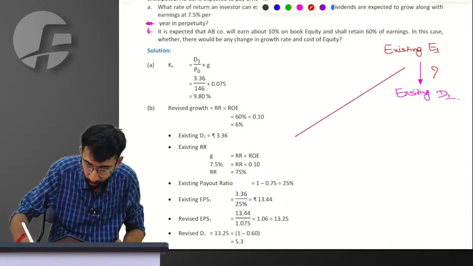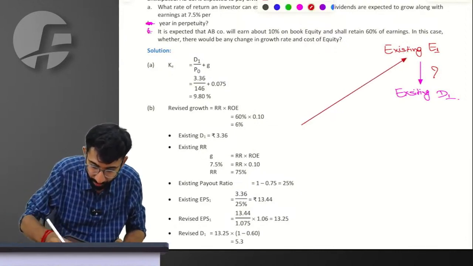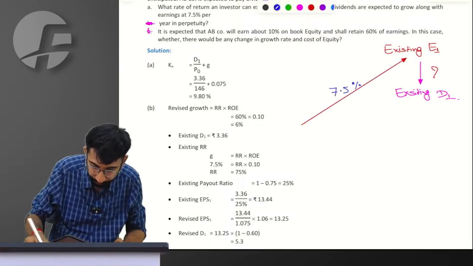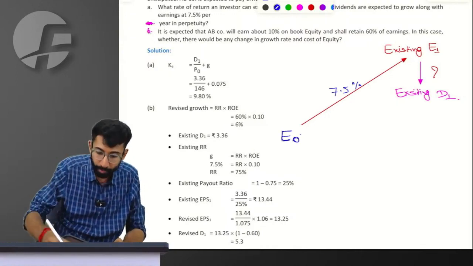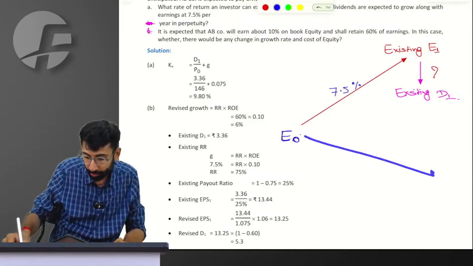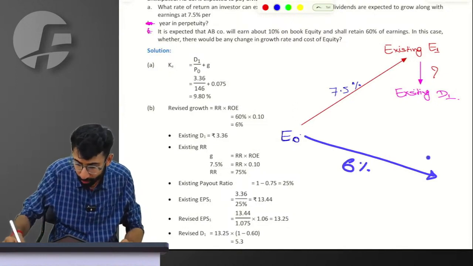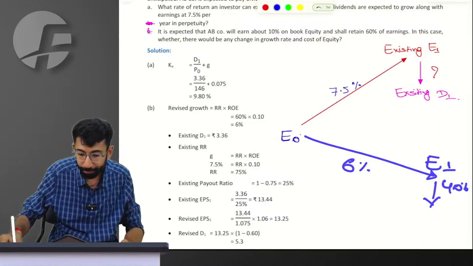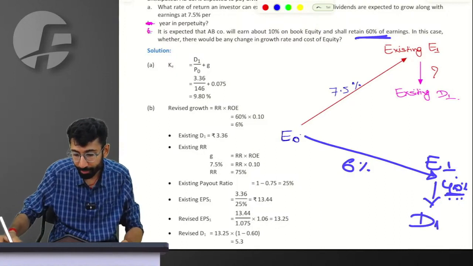My existing E1 is based on the growth rate of 7.5%. Now a situation is changing where my growth rate rather than 7.5 will be 6%, and whatever becomes the revised E1, 40% of that will be payout, because 60% is retained, 40% will be payout, and that will be the revised D1.